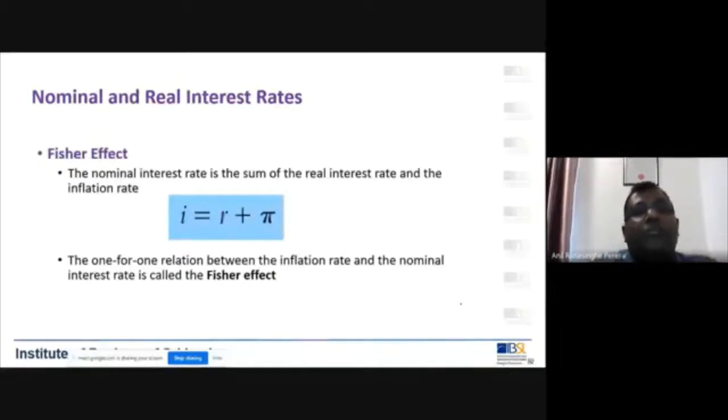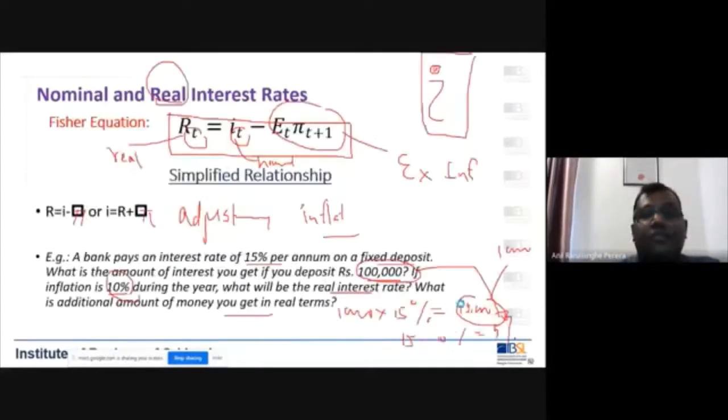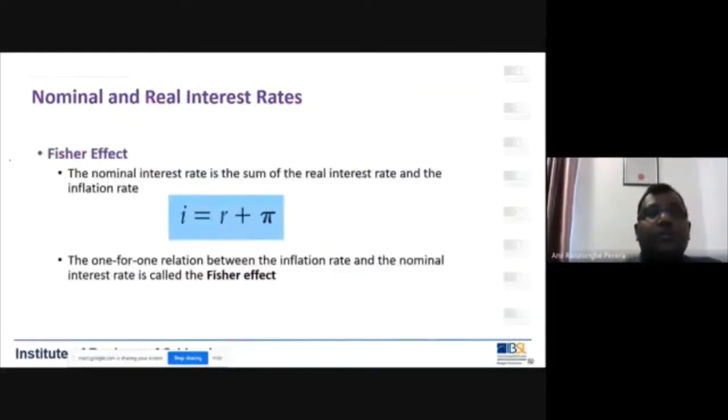The relationship between nominal and real interest rate is theoretically explained by the Fisher effect, as I already highlighted here in this equation. So this equation we call the Fisher effect. So the nominal rate is a function of the real rate and the inflation rate. The Fisher effect suggests there is a one-for-one relationship between the inflation rate and the nominal rate.